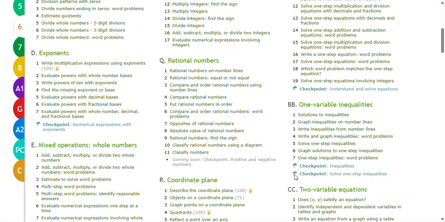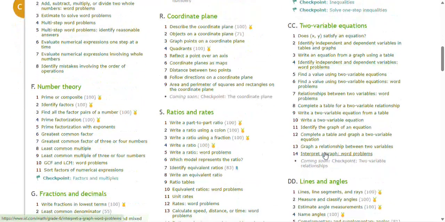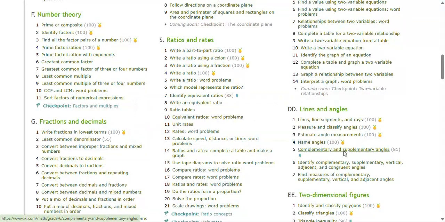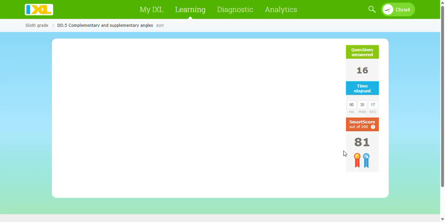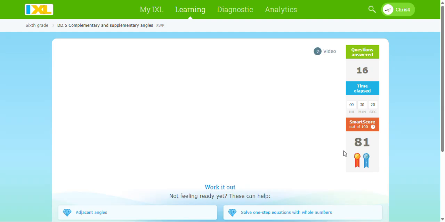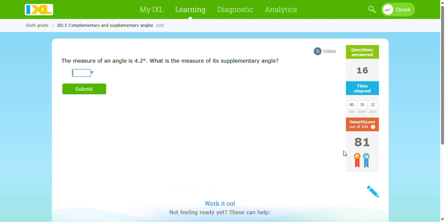Alright, let's start by doing this cool lesson. The measure of an angle is 4.2. What is its supplementary angle?